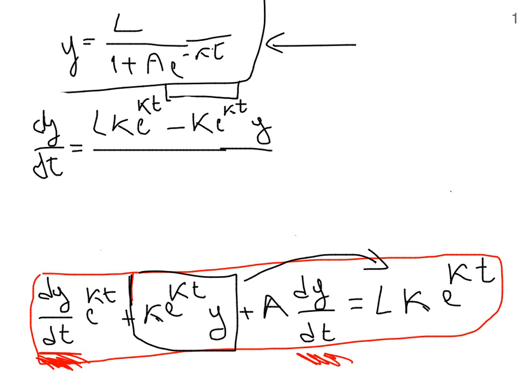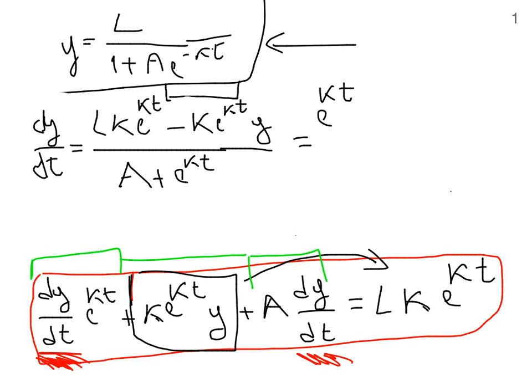Okay, and we can see that we will be able to group something over a plus e to the kt, from these two terms together. Let's go on writing and see what we can get. So let me write k e to the kt, and this is L minus y.